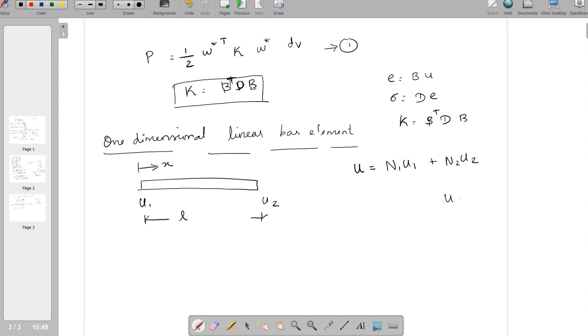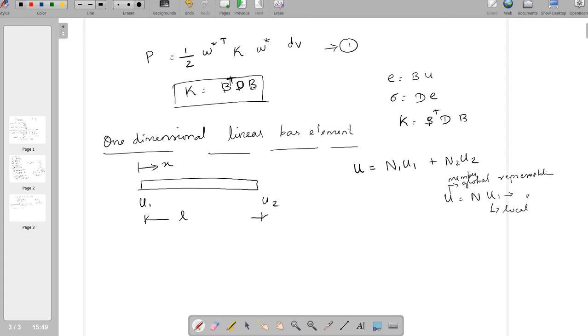If you consider only one node, then U is equal to N into U1. This U is a global representation. This U1 is a local representation, a local nodal value. You can consider it as a member displacement.